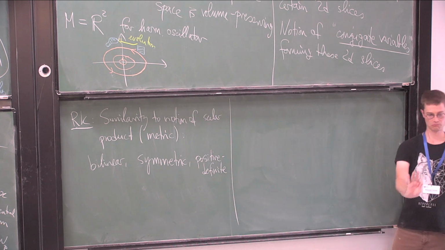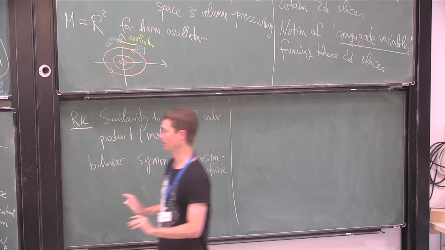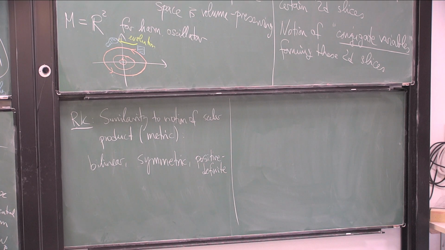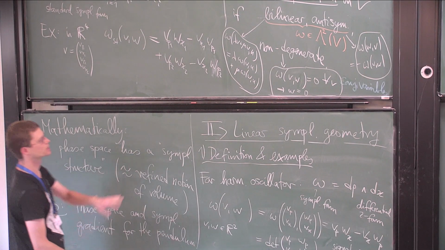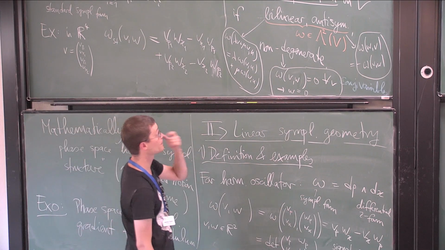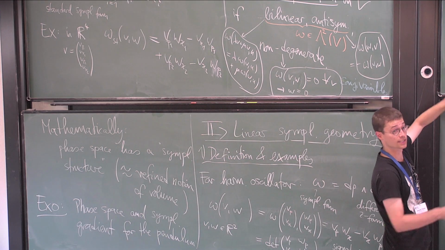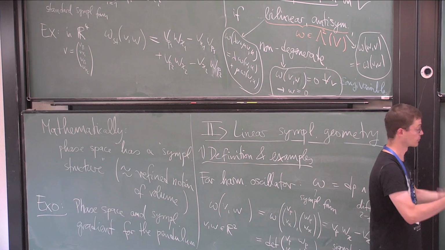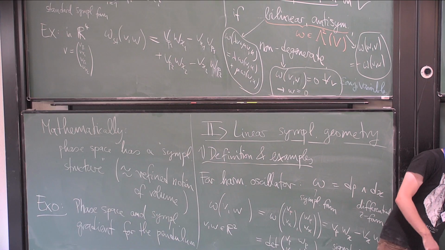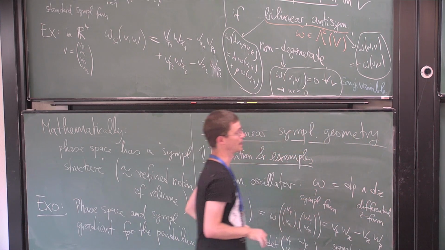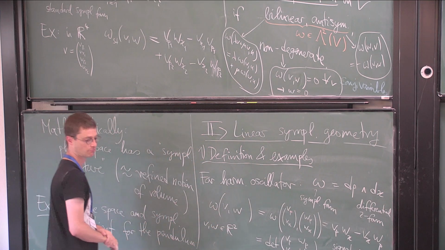From time to time we will compare what happens for symplectic structures and for metrics. For example, there is a very important object in symplectic geometry, which is the symplectic gradient. Of course, you also have the usual gradient, and we'll see how they behave.